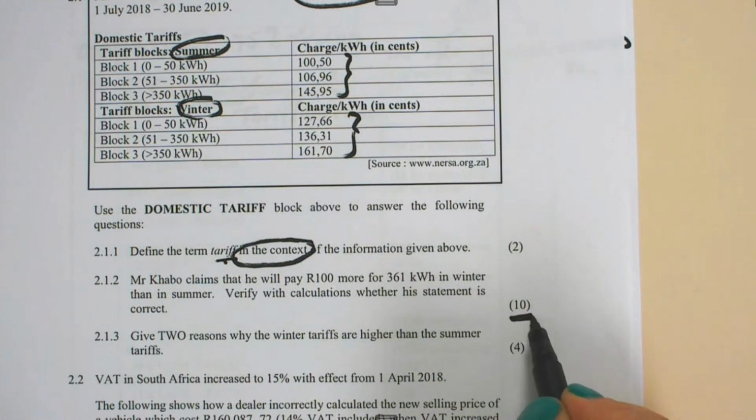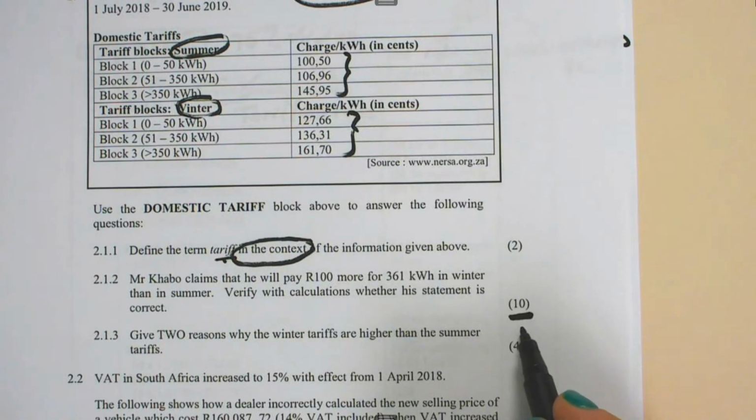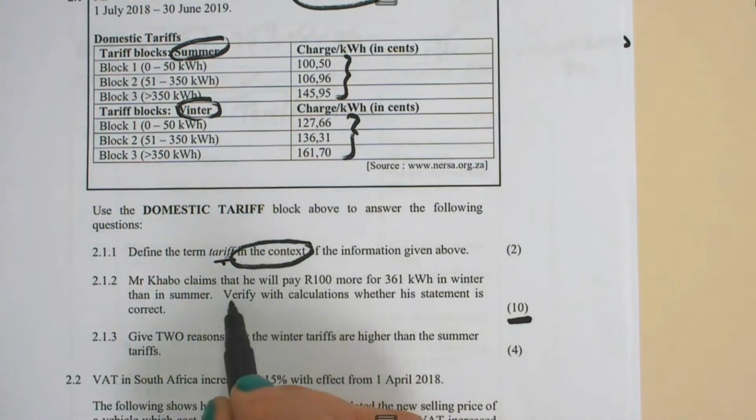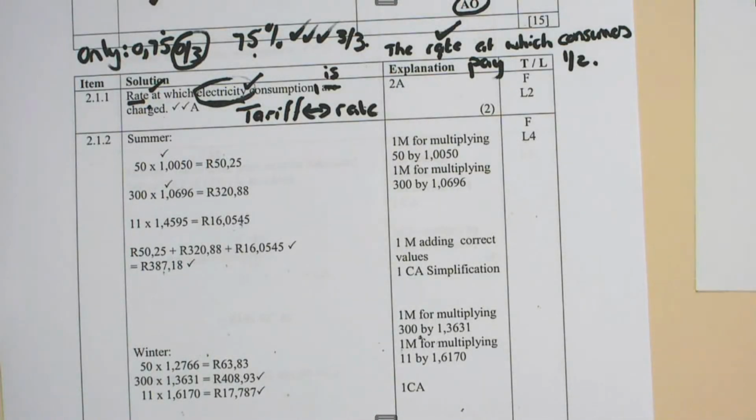If something counts 10 marks, the learners should know that it cannot be answered just by writing one or two things. The 10 marks indicate that quite a lot of work should be done. It is a level 4 question because the learners must now verify. So this question, which is then the 10 marks, is going to be answered in quite a lot of steps.